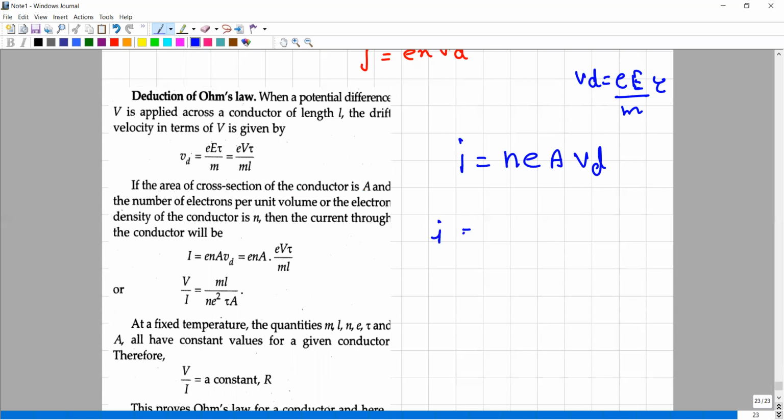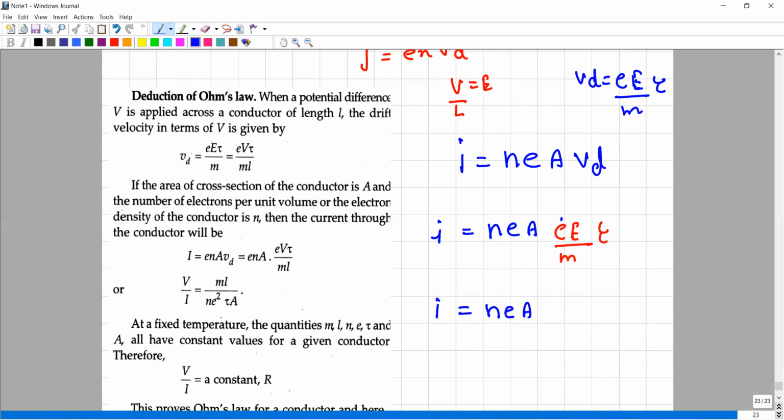So then I will be equal to NeA, and this whole value will be here, e charge into E electric field. Don't confuse between the two, divided by mass into tau. Now you already again know that V is equal to EL, or E is equal to V by L. So again your current I will become NeA.